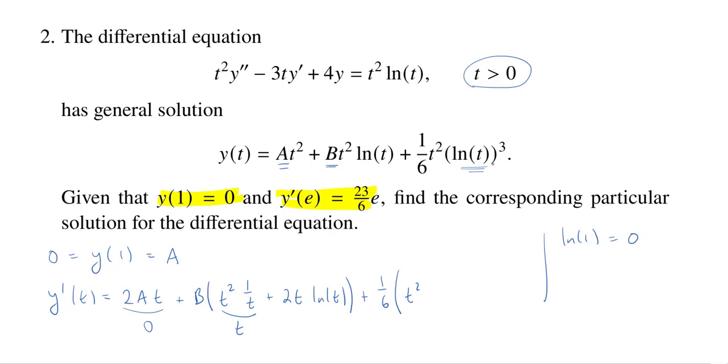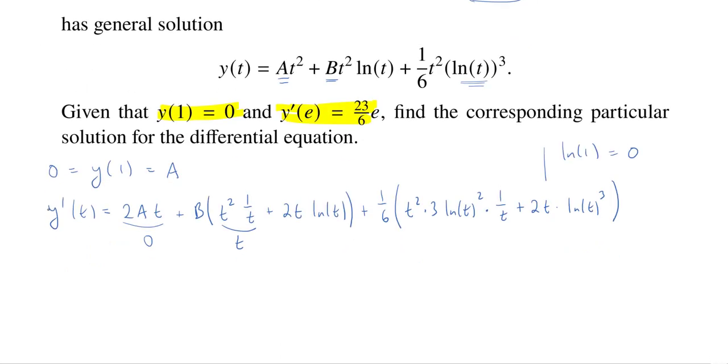Chain rule: 3 times the log of t squared, times the derivative of log of t, which is 1 over t. Now we do the other half because it's the product rule. So plus the derivative of t squared, which is 2t, times the natural log of t cubed. So that's the derivative of y.